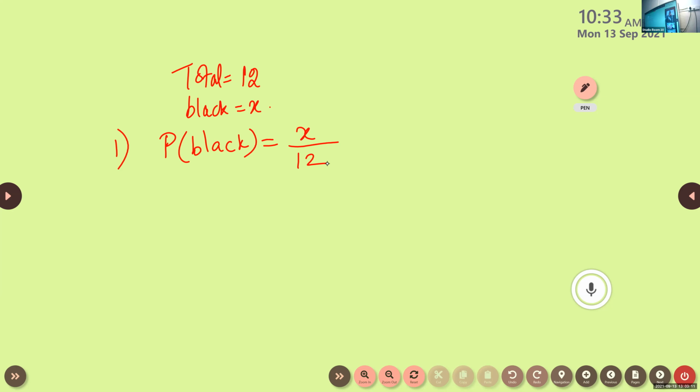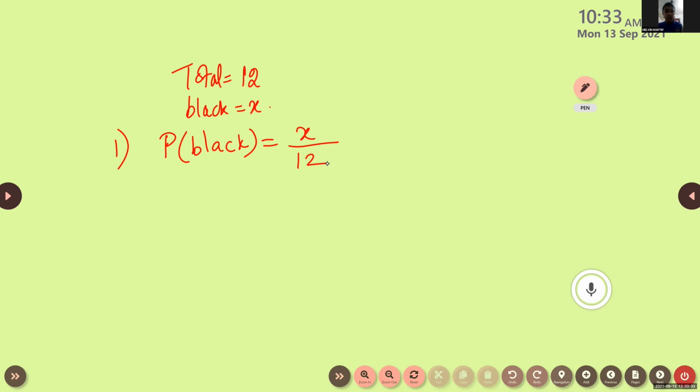Find x. If 6 more black balls are put into the box, the probability of drawing a black ball is now double of what it was before. Find x. So what is given here?